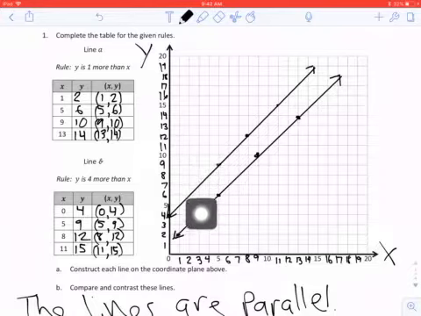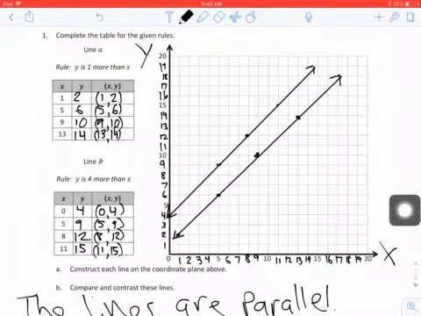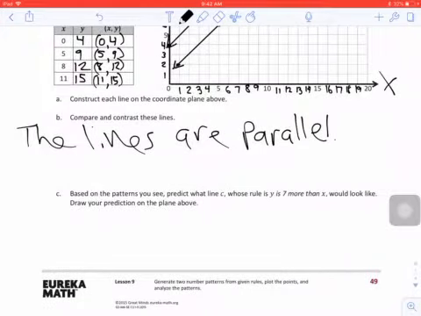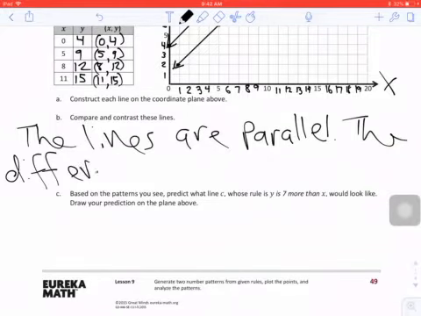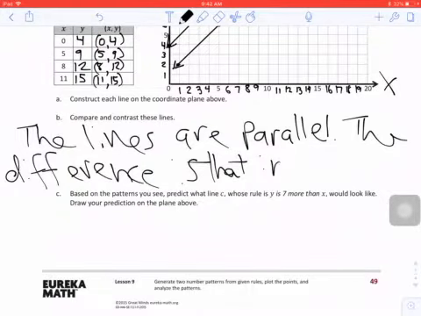If you look at these points, you'll notice it's just a little bit higher. So the difference is that, I'm just going to say it to you guys and you can write it: the only difference is that B has y values that are 3 units greater than A, or 3 units higher than A, either way.